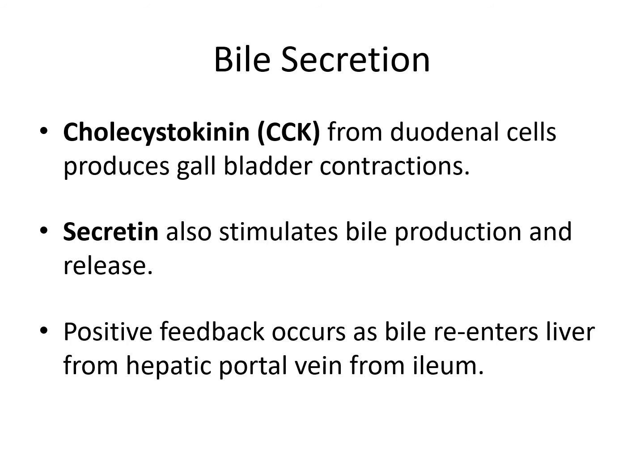So bile secretion is controlled by a hormone called cholecystokinin, or CCK, from duodenal cells, and these contract the gallbladder to cause bile secretion. Secretin also stimulates bile production and release. There's also a positive feedback as bile is returned to the liver from the ileum through the hepatic portal vein, which will cause more to be released.